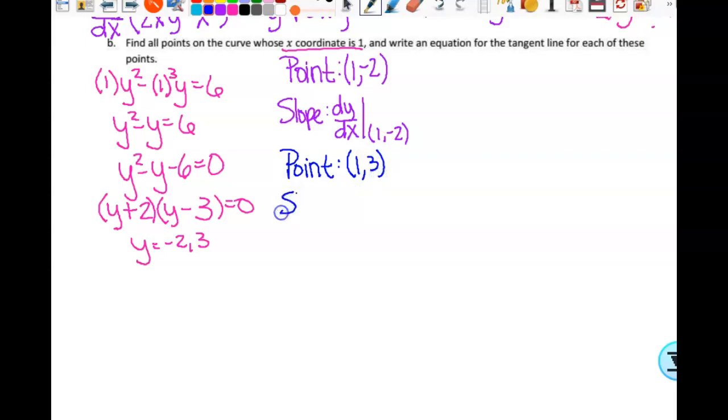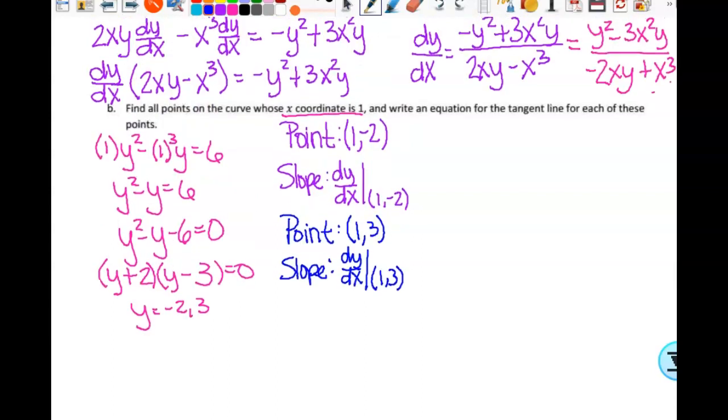And then my slope is going to be the derivative evaluated at (1, positive 3) at the point. Okay? Everybody understand where all that's coming from? All right, and we already found dy/dx, right?